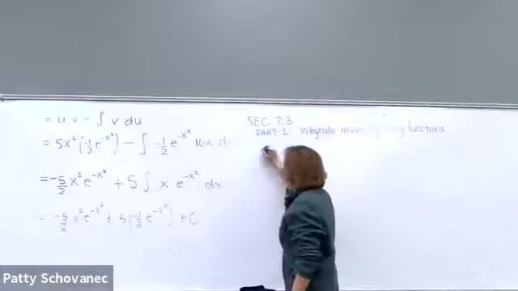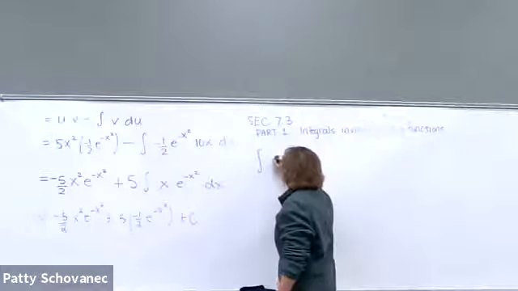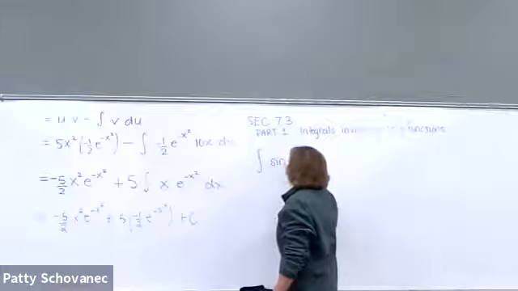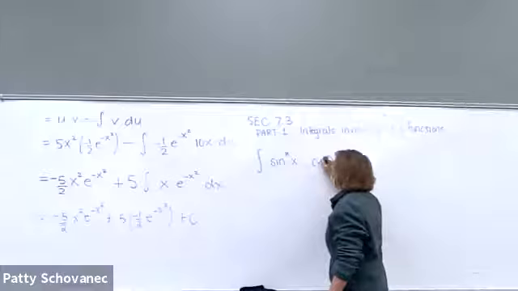So from part one, the first type of integrals we're going to consider is integrating sine to a power times cosine to a power.